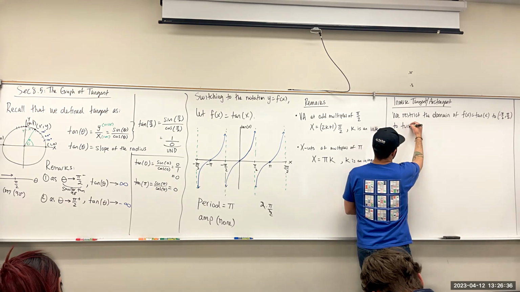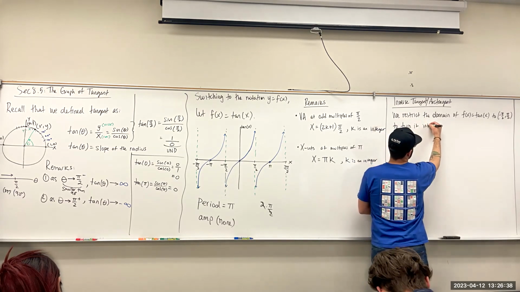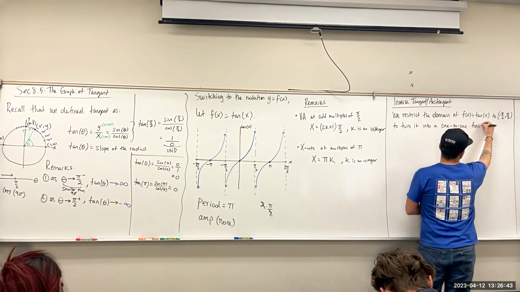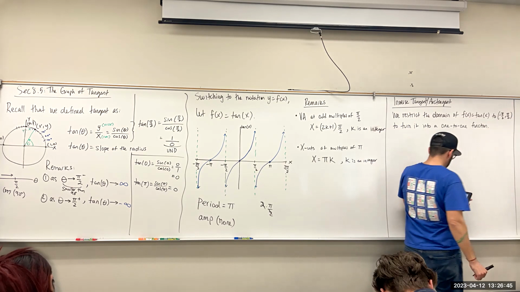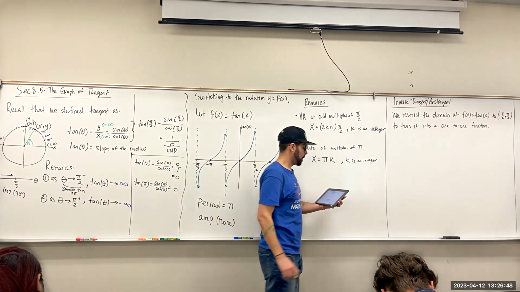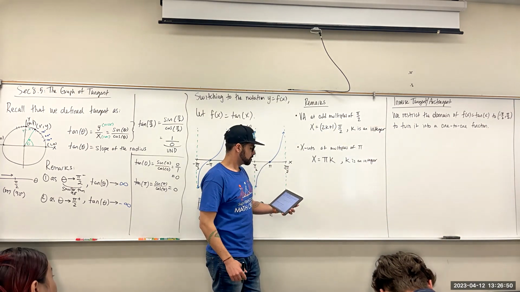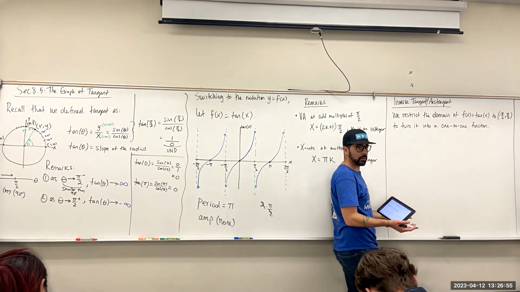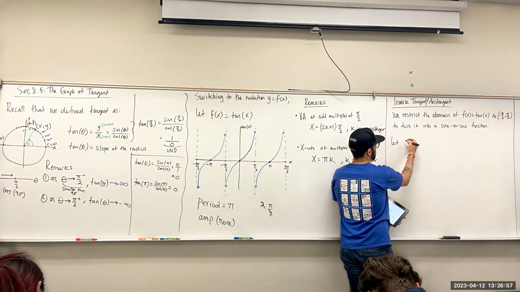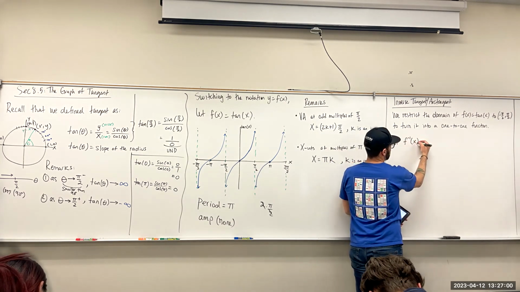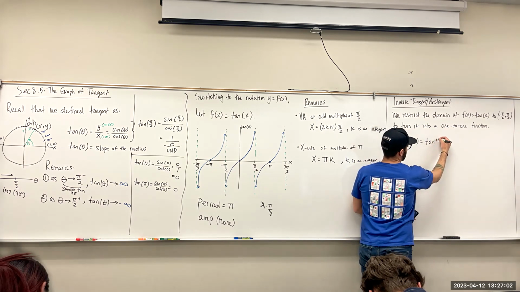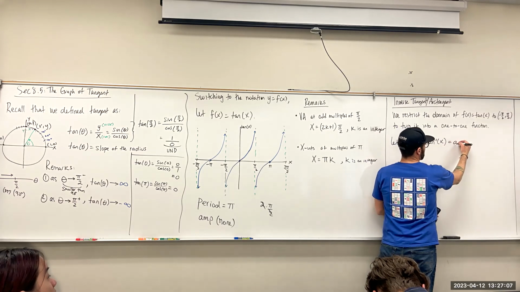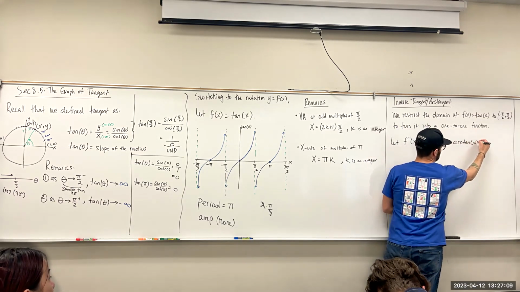To turn it into a 1-to-1 function. And so from doing this, we can now define the inverse. So we're going to let the inverse of tangent be the inverse tangent of x, which can also sometimes be written as arctan of x.